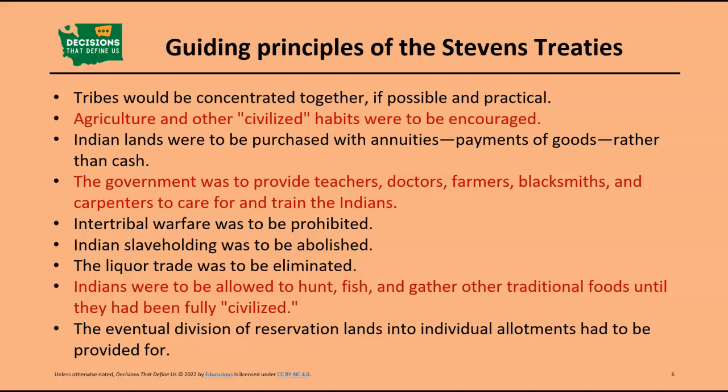And then eventually, the idea is that we'll get rid of the reservation lands by breaking them up into individual allotments. An allotment means we're going to break it up and everybody's going to get a piece. Okay. So we'll come back to that one too here in just a minute. Right. The really key big picture piece is this idea of civilized habits being encouraged. That's what all of this is about.